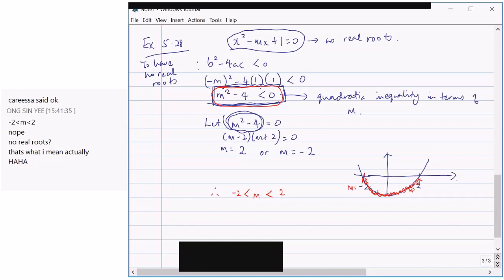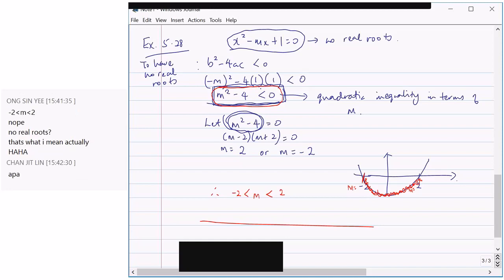I want to represent it on a number line now. Jade, can you help me? Represent it on a number line. What are the two important points on this number line?